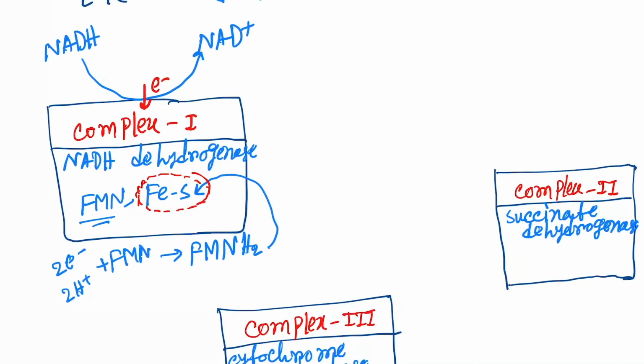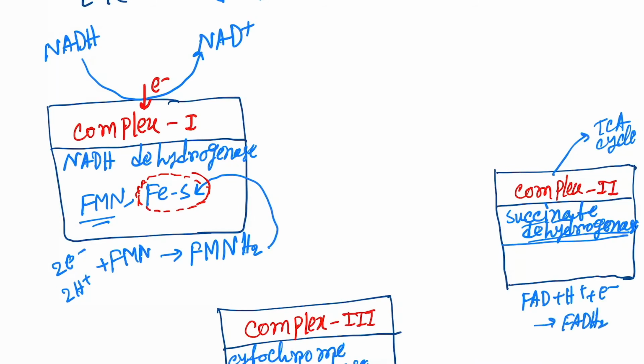Now from where we are getting electrons? From FADH2. So that is why complex 2 is there. Complex 2 helps to receive the electron from FADH2, and this is also a part of the TCA cycle. You already heard the name succinate dehydrogenase. So here the reaction occurs: FAD and hydrogen and electron cause formation of FADH2.